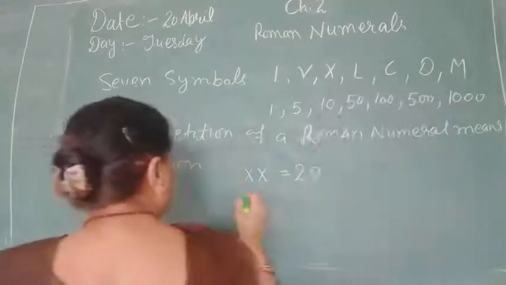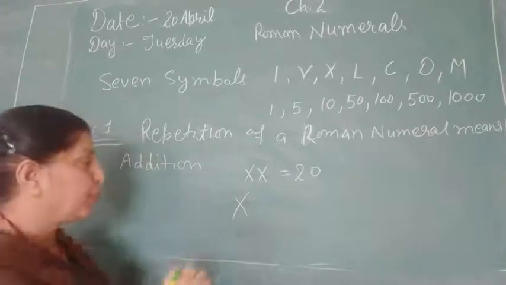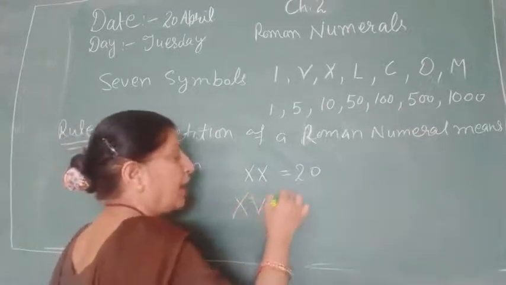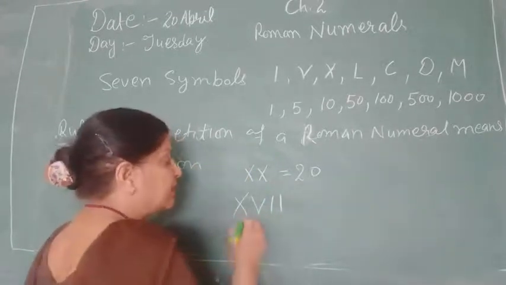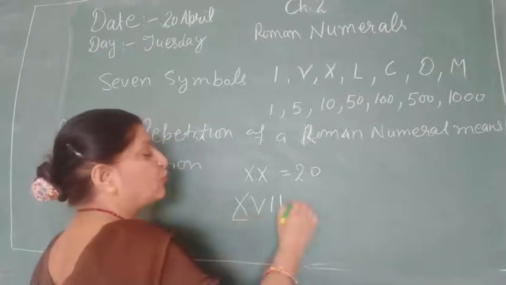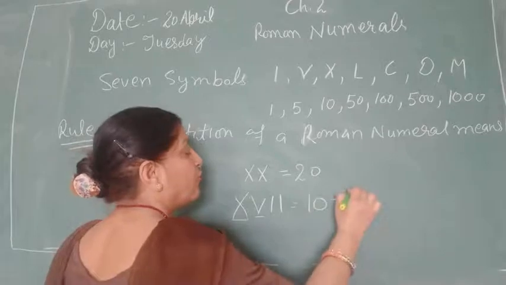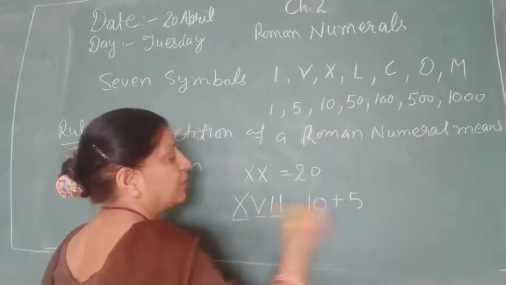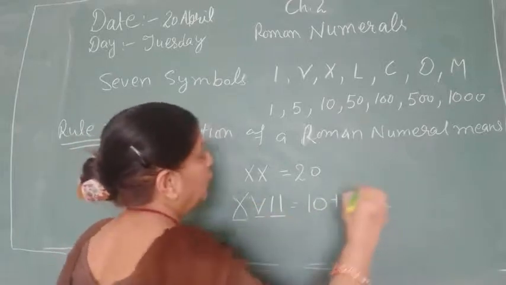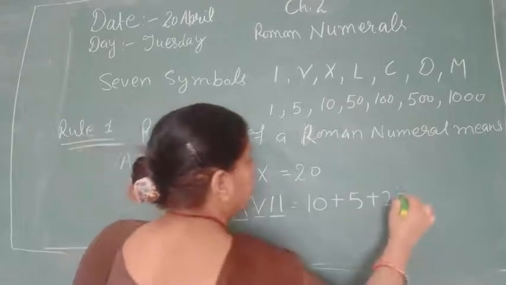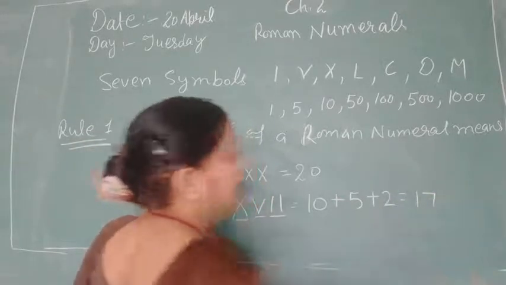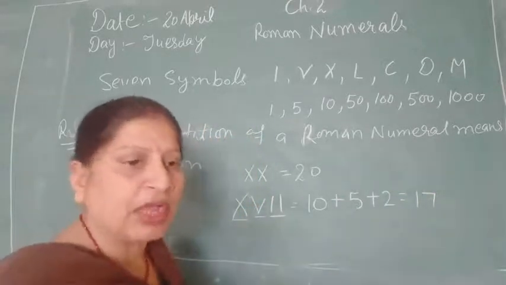And if we write X, V, I, it means that X is used for 10, V is used for 5 and I is used for 1 and 1 is added, so the number becomes 16. Clear this one?